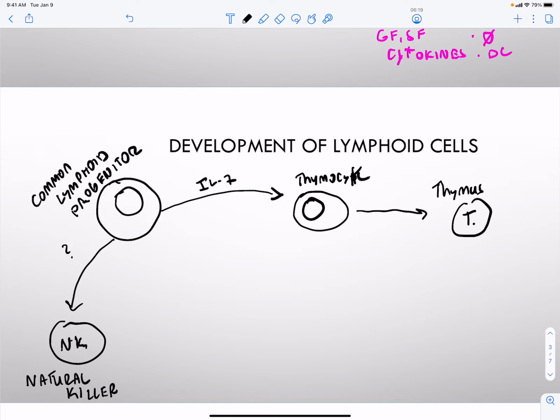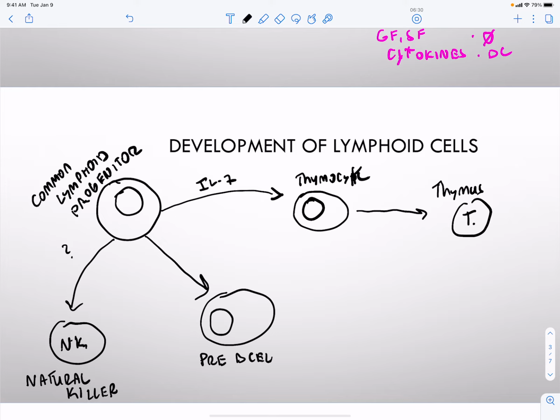And we also have within the bone marrow, you're going to have a pre-B cell. And this is going to stay in the bone marrow. Sorry about that. And this is going to become a B cell. So all of this you can think of is happening in the bone marrow.